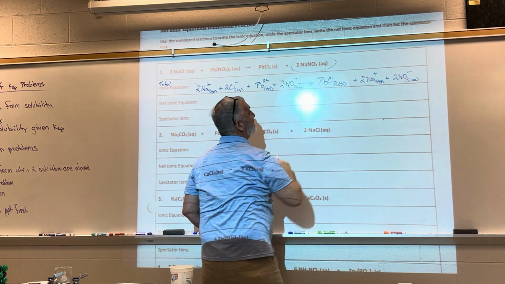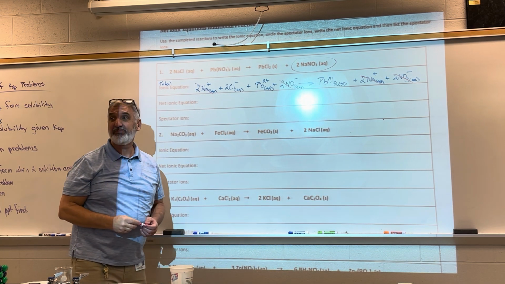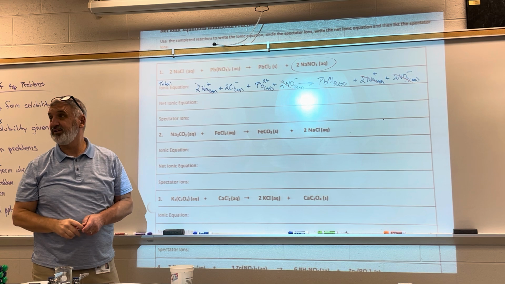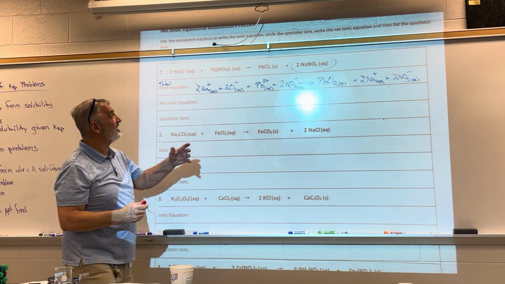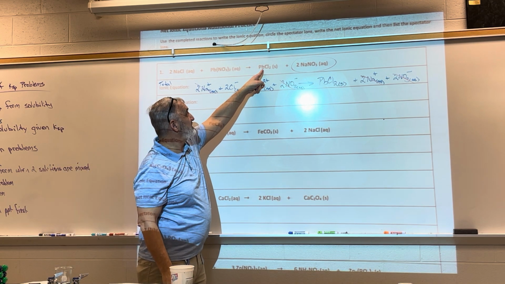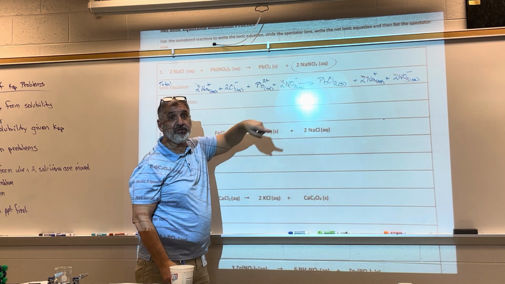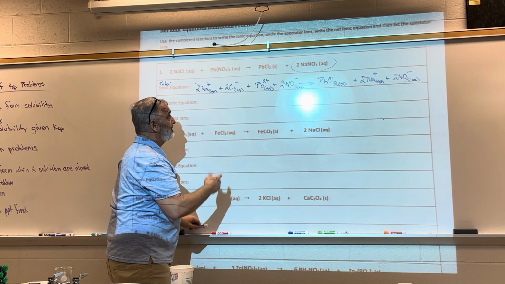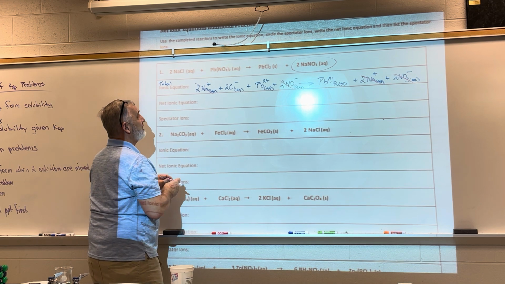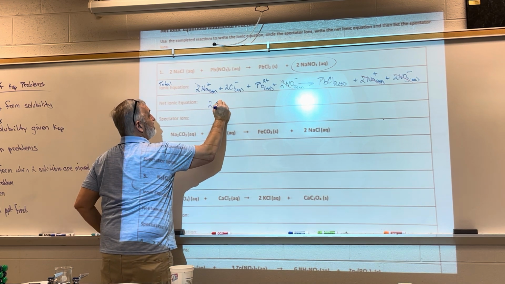Whatever this aqueous product is, those are going to be your spectator ions. You can really get to the net ionic when I just say, here's my solid, so it's going to be Pb2+, and my 2Cl- are going to come together to make PbCl2.